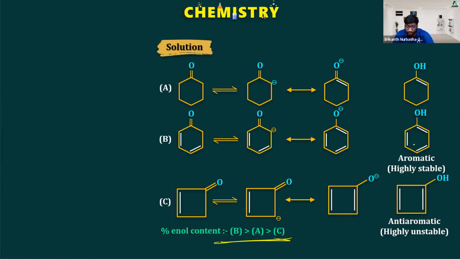B will be more stable because aromaticity is gained. After B, if you think of just resonance, you will go with C, but C is actually anti-aromatic in nature, which is highly unstable. So after B you have A, and then after A you have C. That's the right answer. So this is how you have to compare the percentage of enol content whenever different molecules have been given to you.